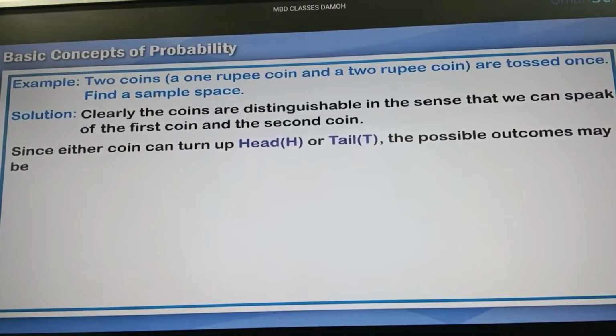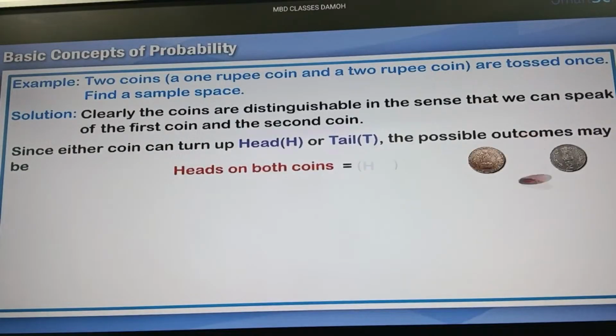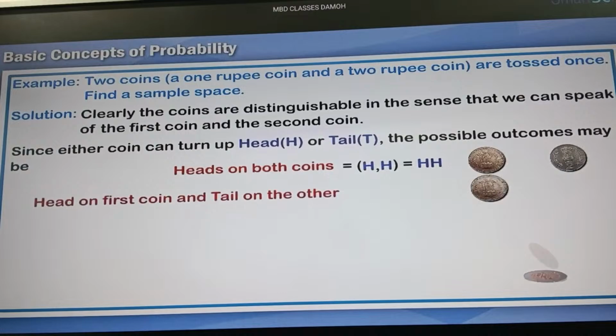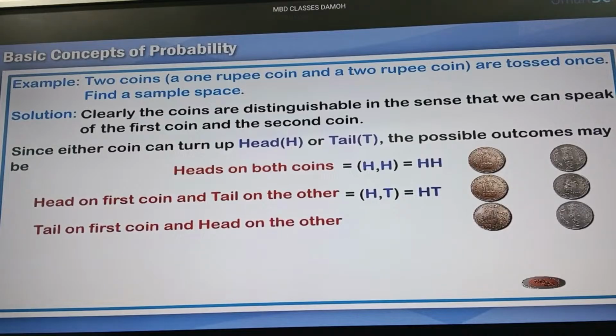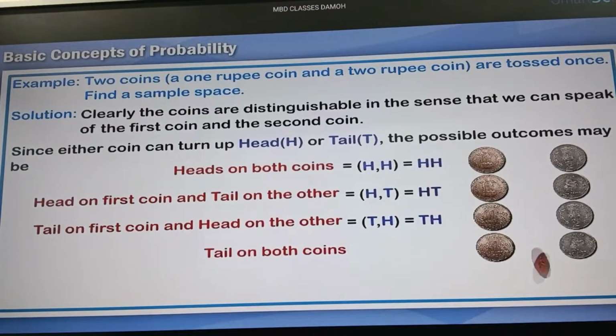Since either coin can turn up head, H, or tail, T, the possible outcomes may be: heads on both coins, HH; head on the first coin and tail on the other, HT; tail on the first coin and head on the other, TH; tail on both the coins, TT.